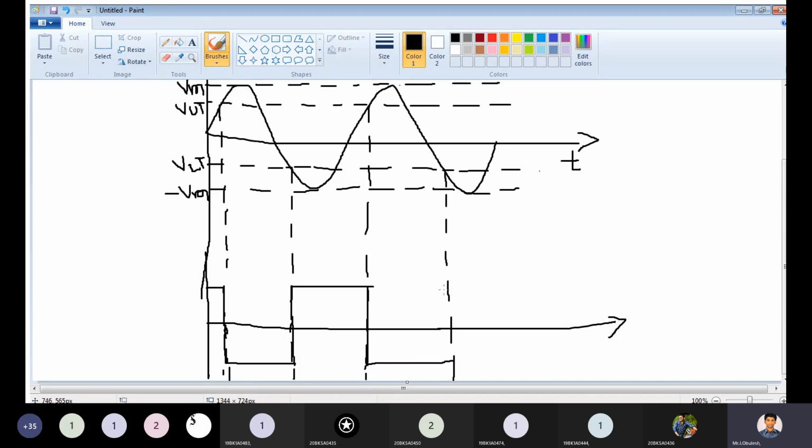This is the positive V sat. Here you need to note down the V naught value. This is the negative V sat.